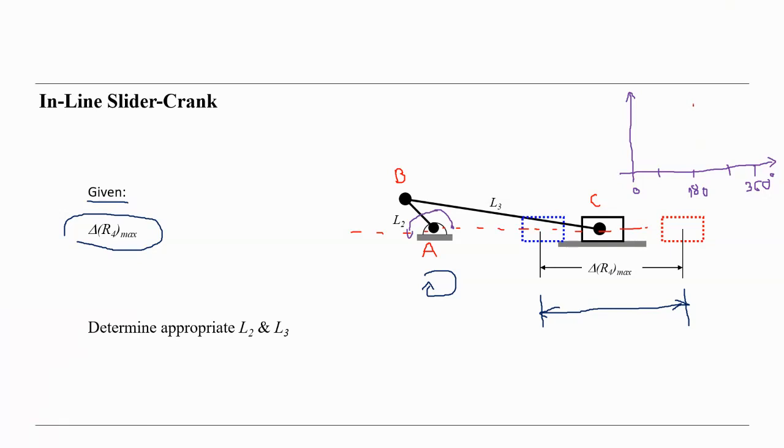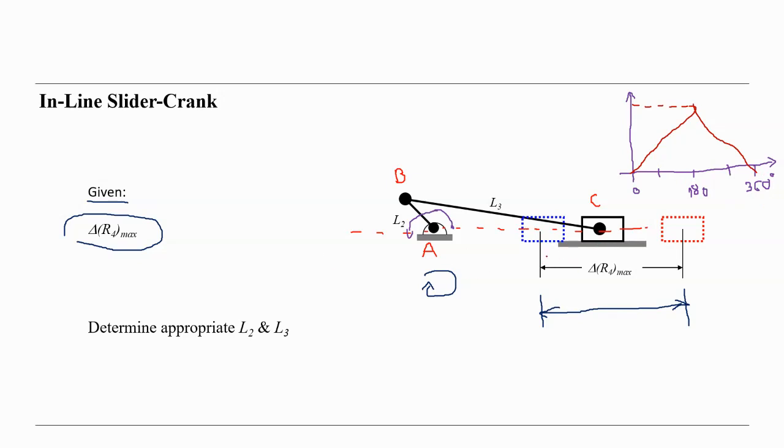The stroke will be maximum here. This is the maximum value of the stroke. We think it goes like this and comes back here.